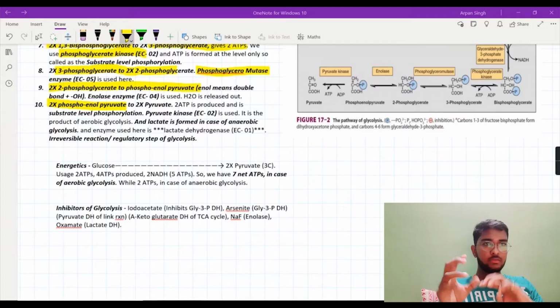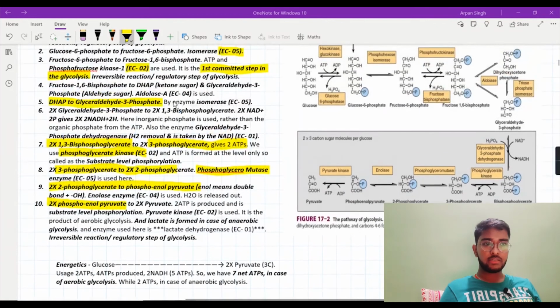So continuing with the last session, what are the energetics and what are the inhibitors of glycolysis? Energetics is simple, because we invest 2 ATPs and we gain 4 ATPs. We gain 2 ATPs in the 10th reaction step, and 2 ATPs from the 7th reaction.